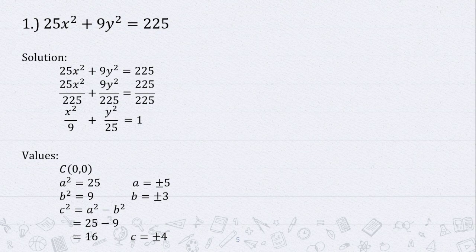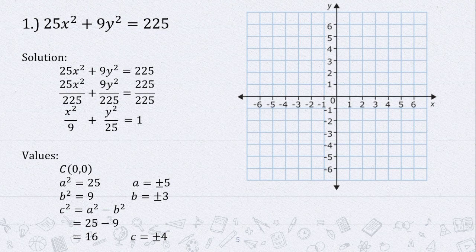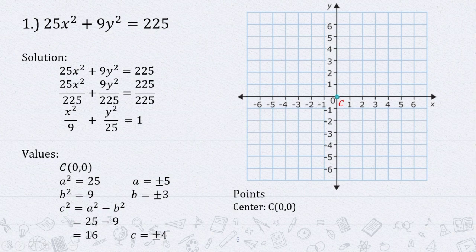Now, since we already have our center, our values of a, b, and c, we are now ready to graph using the Cartesian plane. Let us first plot our center, which is at the origin. That point is 0, 0. Now, plotting the rest of the points depends on our standard form.